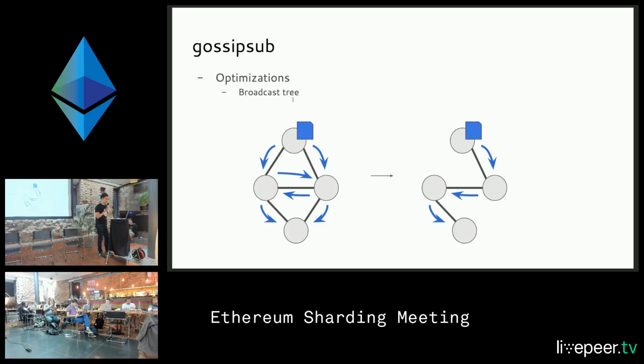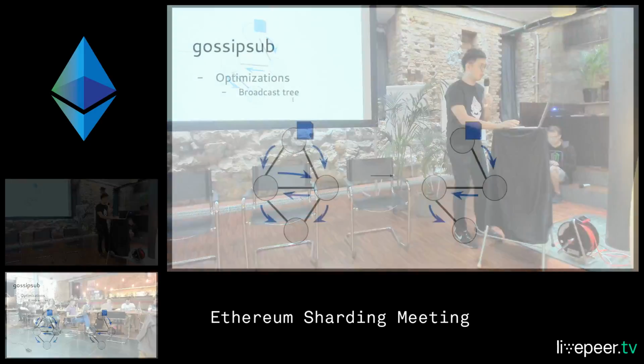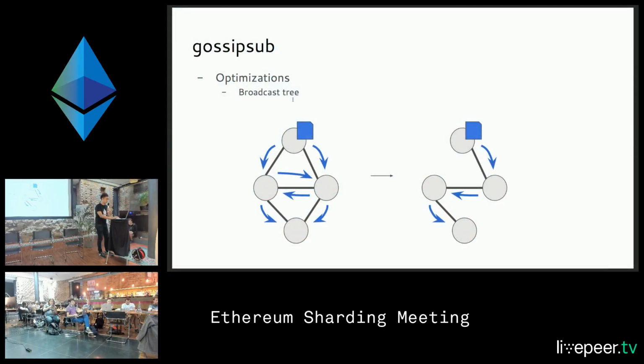These two strategies make Gossipsub more efficient. I mean, because in Floodsub you just broadcast all of the messages, and there will be a lot of redundancy, and Gossipsub can reduce this redundancy. And Gossipsub has further optimizations. The first one is the broadcast tree.